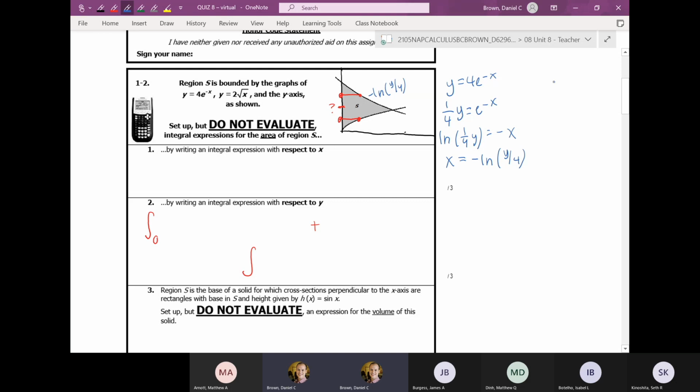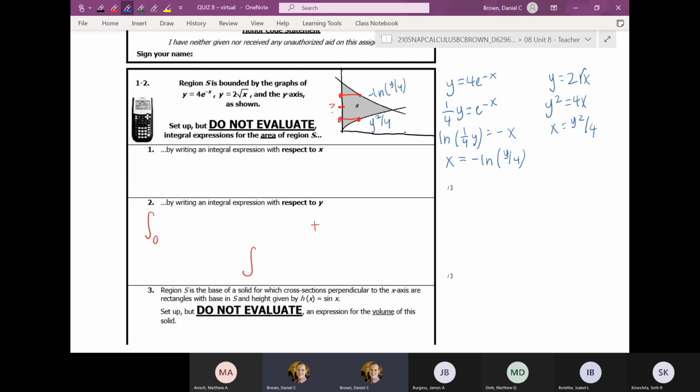The square root function is a little bit easier to solve. You can divide by 2 first, or square everything first. And we get x is equal to y squared over 4. So when I set this one up, before I go through and find the numbers, I'm going to work from the bottom up.